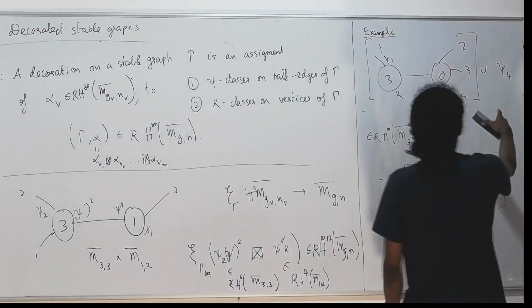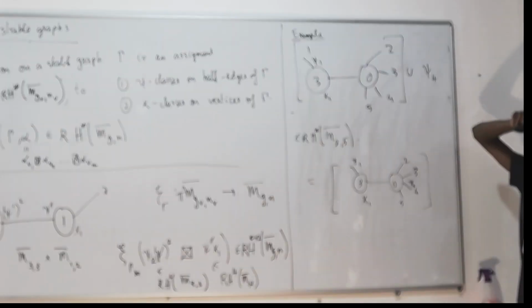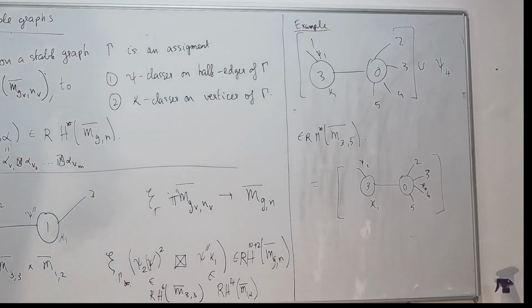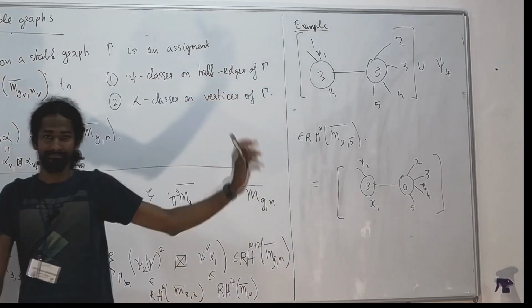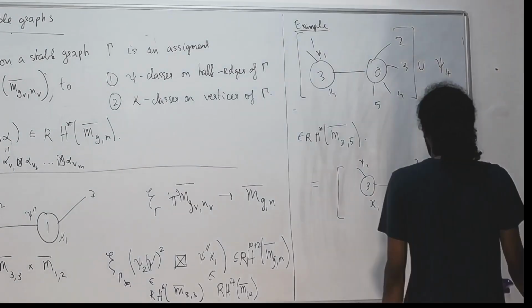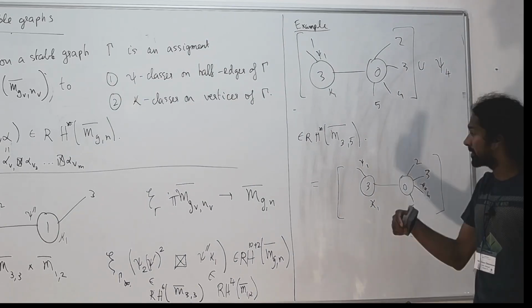This class has to go on 4, right? So it's a psi 4. It goes with the marked point that it's labeled by. You would get a psi 1 squared. If you intersected with kappa, it means that the kappa would come from some other stable graph.